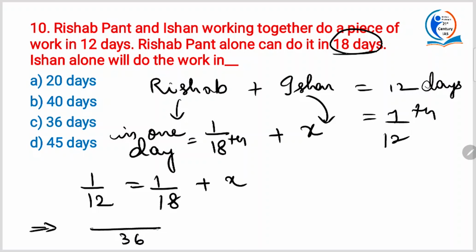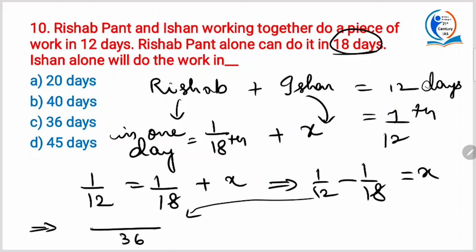It is 36, right? So 1 by 12 minus 1 by 18 is equal to X. 12 and 18, the LCM is 36. So 3 minus 2 is equal to X. That translates to 1 by 36 is equal to X, which means Ishan is completing 1 by 36th of the work each day. That means he will take 36 days to complete the entire work. So C, 36 is the answer.